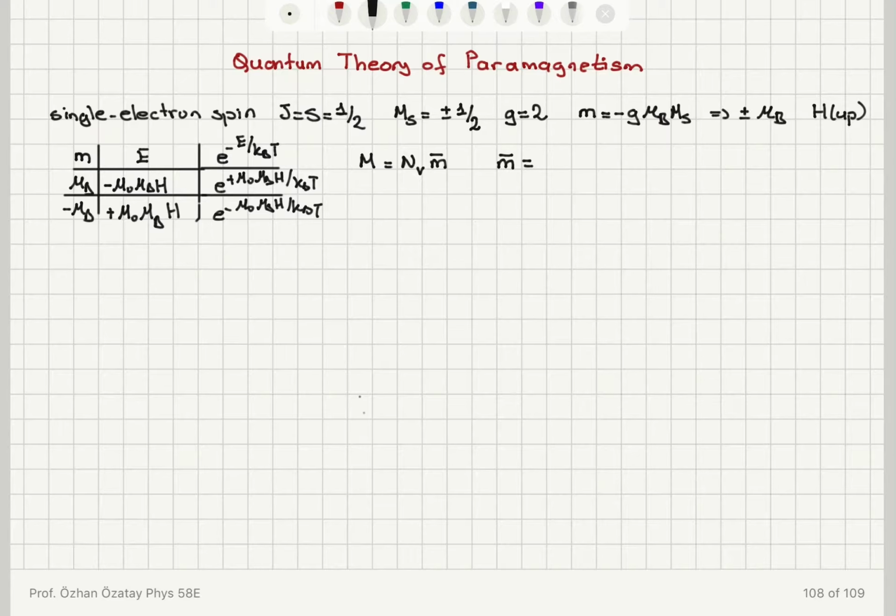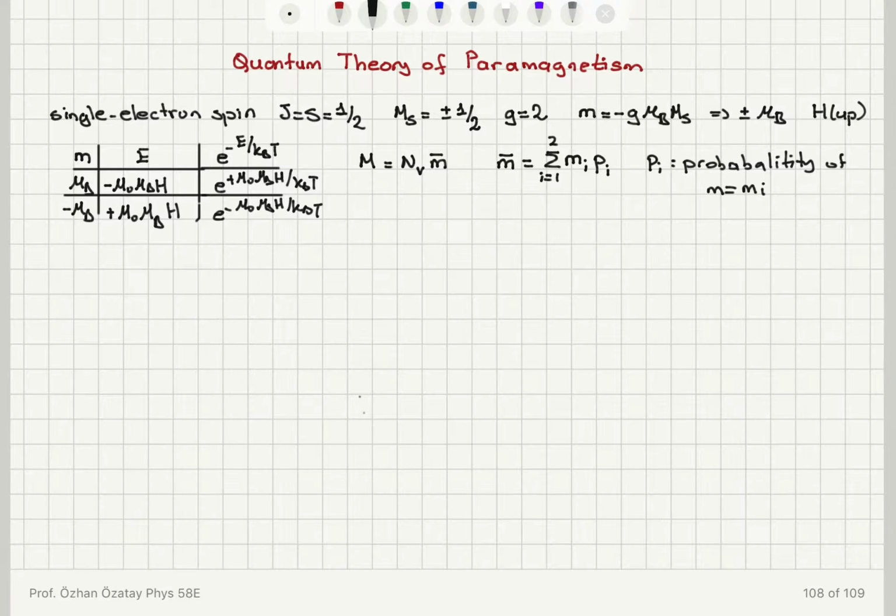So it's going to be the sum over i from 1 to 2, the possible values of m_i multiplied by their corresponding probabilities. Okay, so P_i is the probability of m equals m sub i.